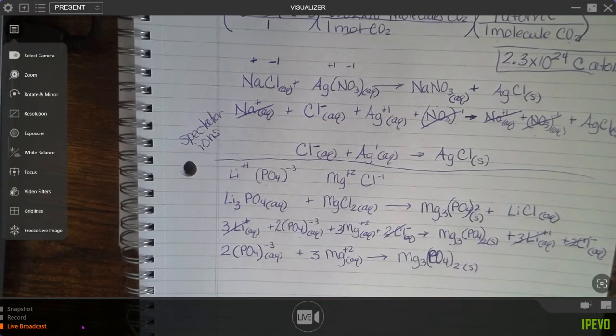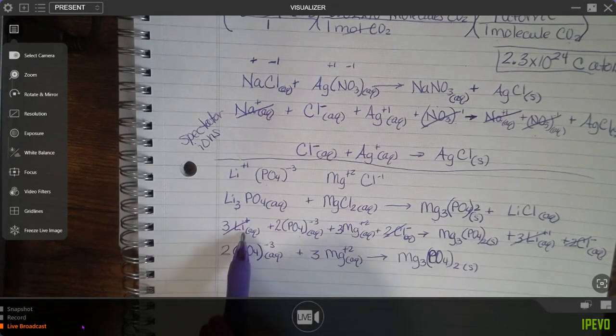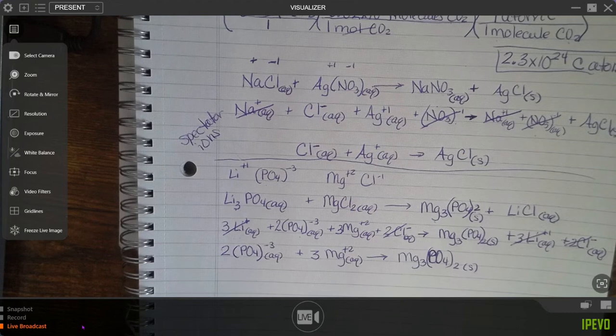All right, so that would be our net ionic equation. Lithium and chlorine are our spectator ions for that one.